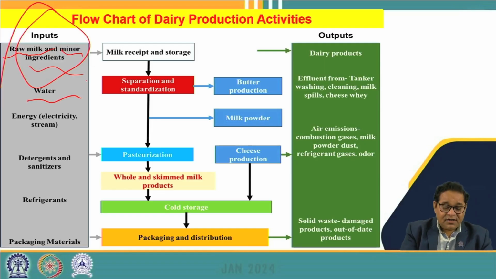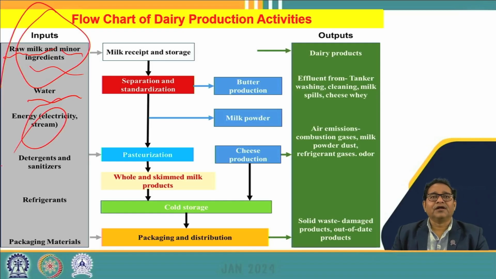Then the second major raw material that we use is water. Then a lot of energy in the form of electricity is used for generation of steam. And then a number of detergents and sanitizers are used for cleaning and maintenance operations.